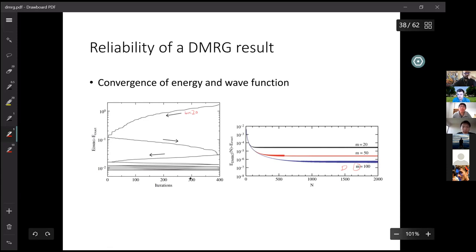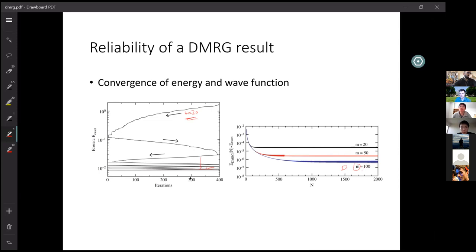And you see when you sweep in finite DMRG, you sweep across the system back and forth, and the energy just converges to some value. The accuracy is controlled by this bond dimension. Usually M equals 100 is very poor accuracy, so usually you want 1,000 bond dimension, even for a one-dimensional problem.